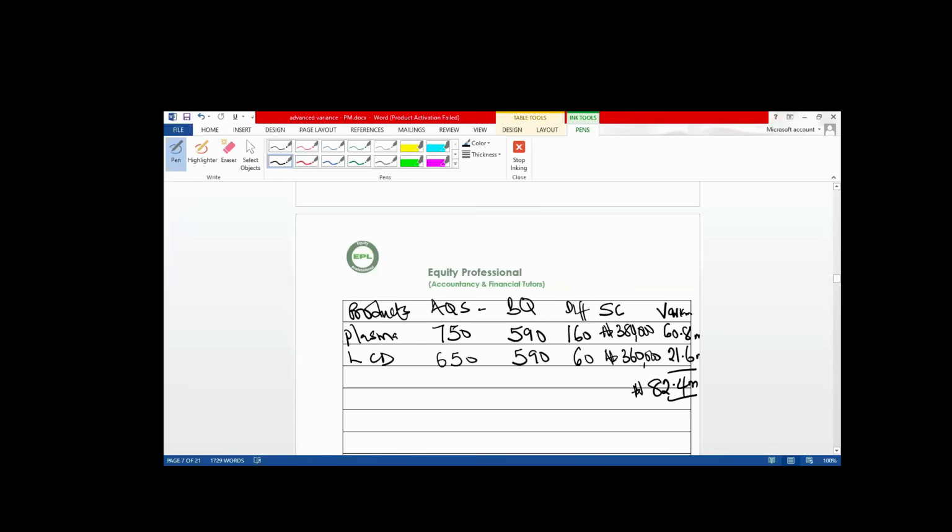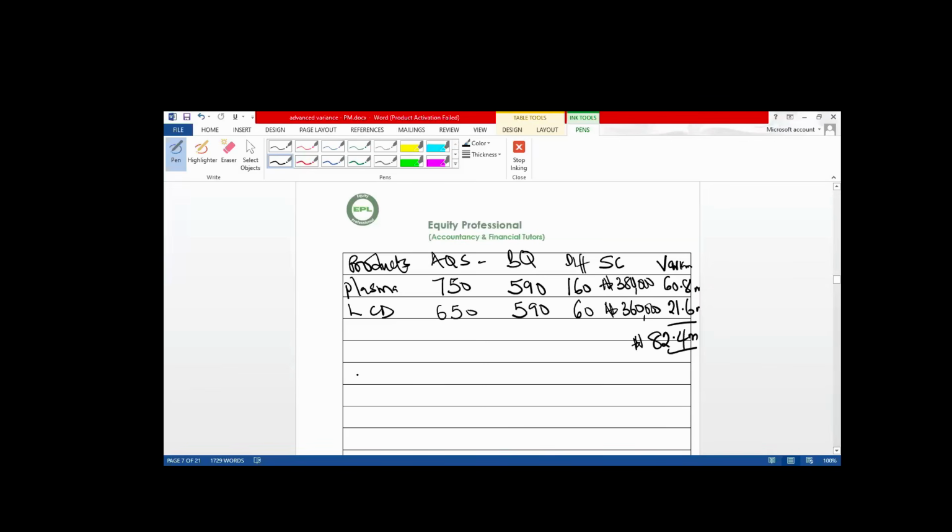I can write it in full here. Sales volume contribution variance: 82,400,000 favorable.